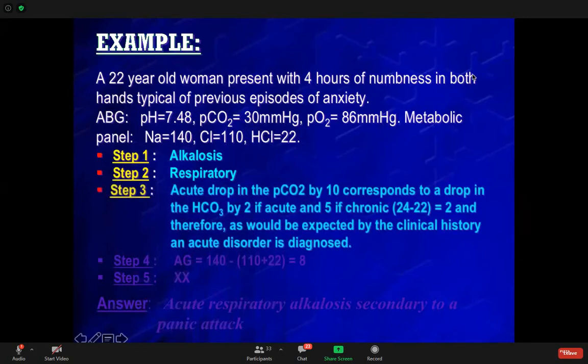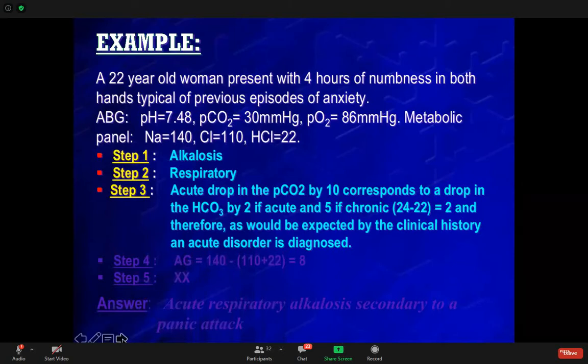So there's an acute drop in your CO2. So it's your normal level of bicarb 24 minus 22, so 2. Therefore you would expect this as an acute disorder, an acute respiratory alkalosis.